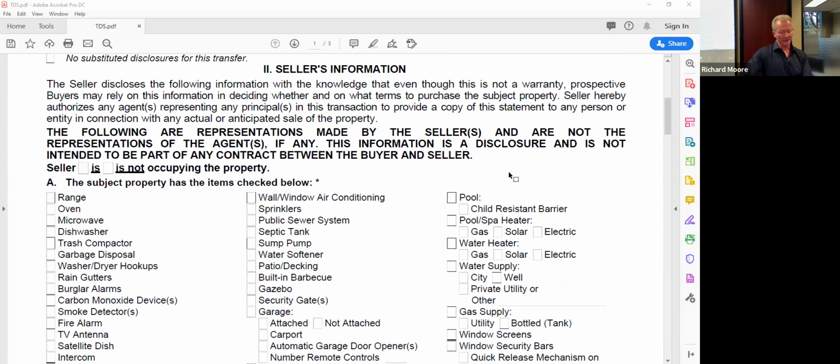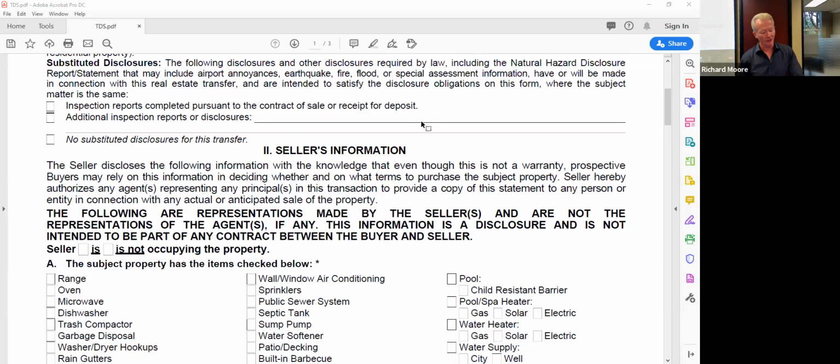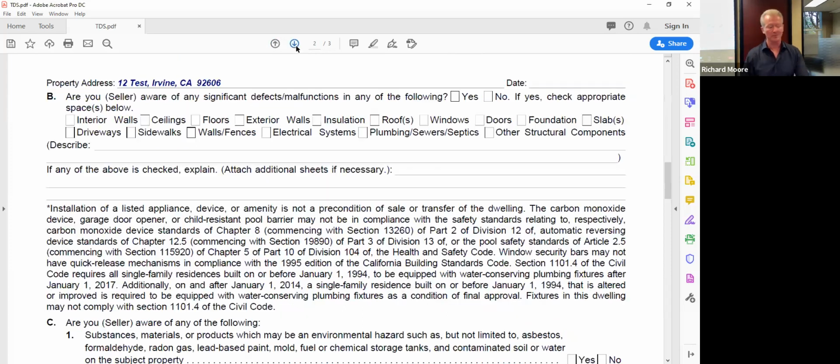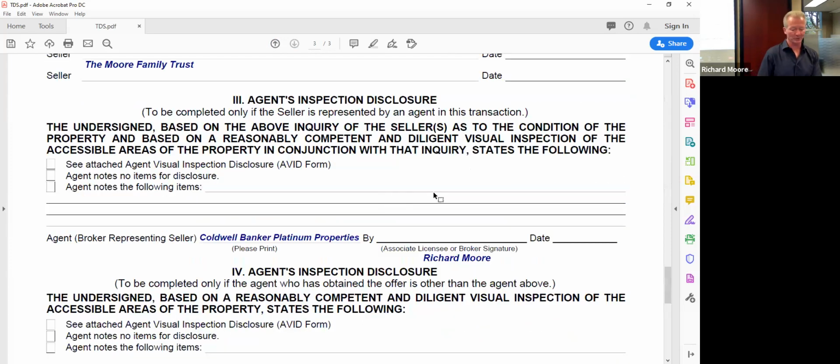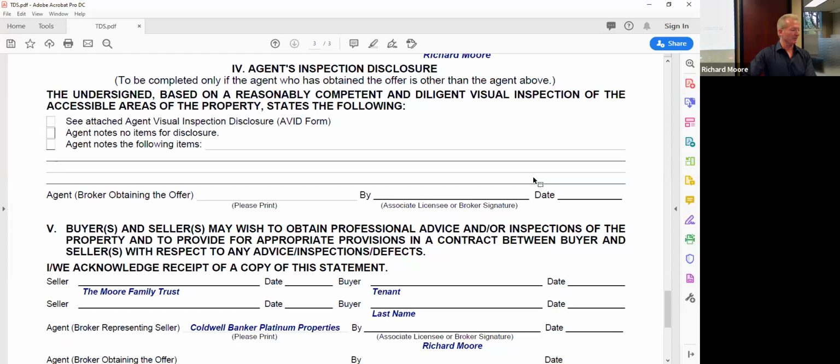So what are we supposed to do? Well, of course, we use the form AVID, and it should be used by both the listing agent and the selling agent. The AVID is not required by law, although the visual inspection is required by law. Keep that in mind. I'm sure you all know that. And of course, the AVID was created just to simplify the inspection process and to make it much more systematic.